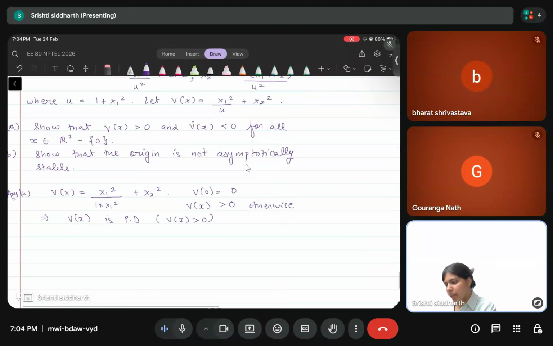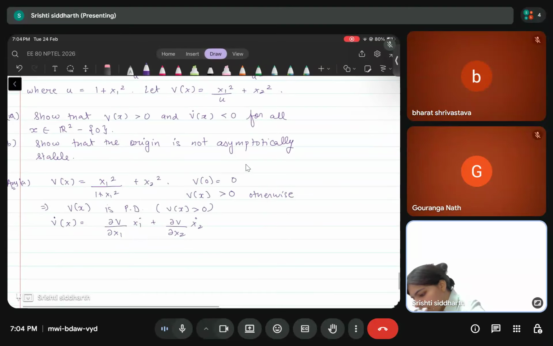Okay, now let's compute V dot. So what is del V by del x1? So this is 2x1 over 1 plus x1 squared.